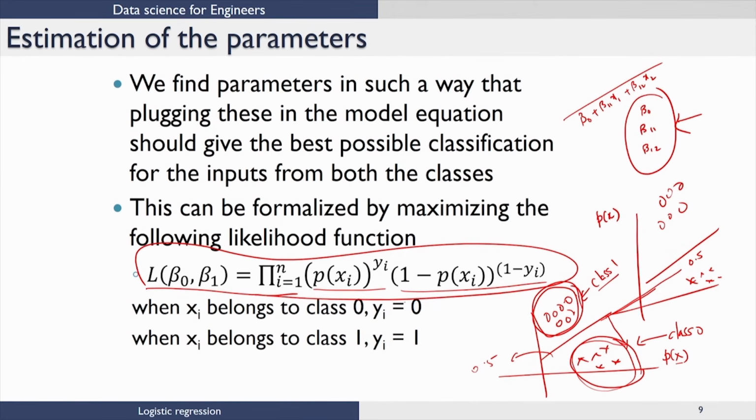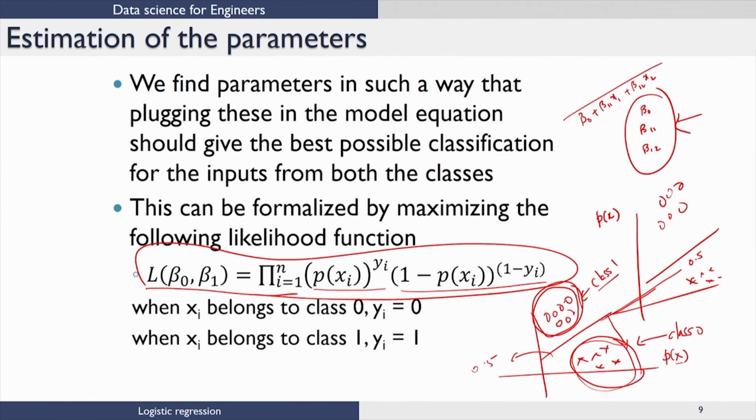So, the only thing that remains is 1 minus p of xi. If we try to maximize 1 minus p of xi, that is equivalent to minimizing p of xi. So, for all the points that belong to class 0, we are minimizing p of xi.